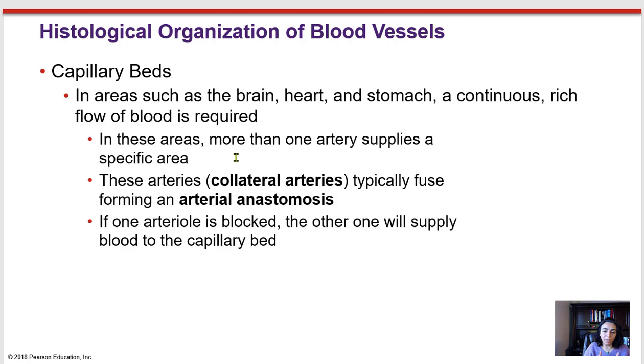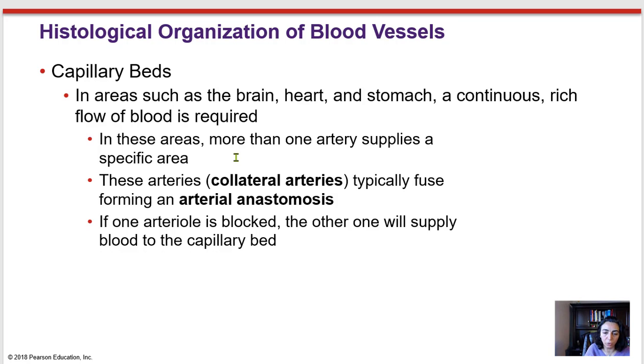So in general, we have a term we call anastomosis. Anastomosis refers to when two vessels are connecting to each other, right? First we are talking about the collateral arteries. Collateral arteries are arteries that separate from each other and go alongside each other, lateral to each other, to supply one area through two vessels.